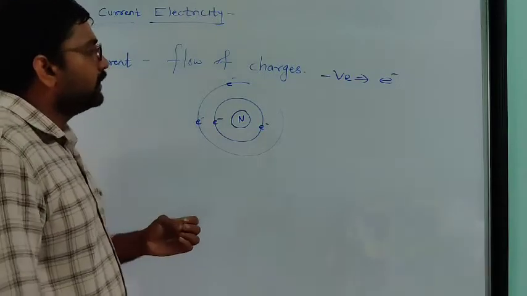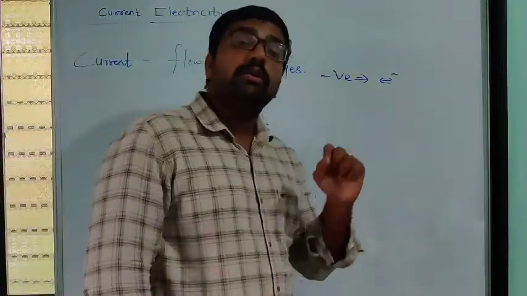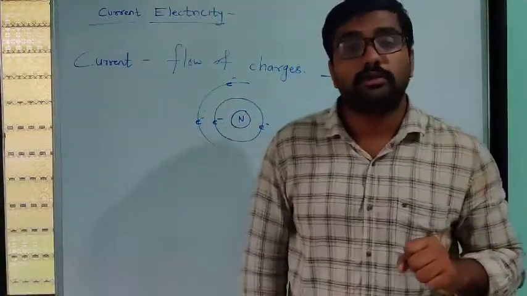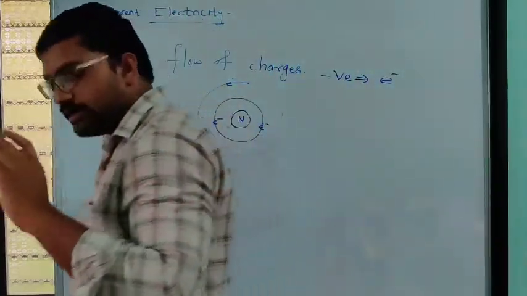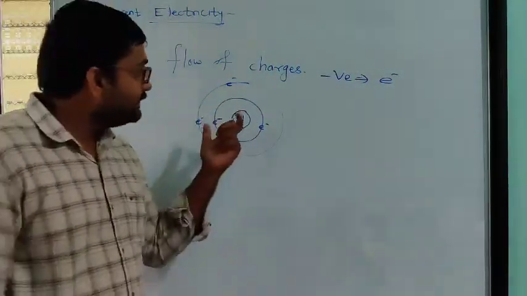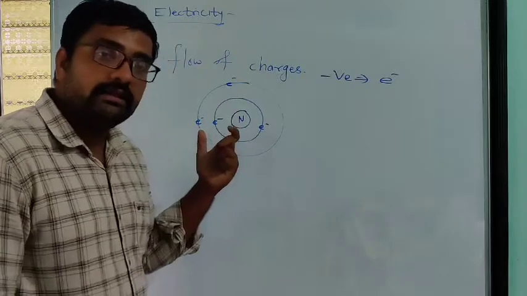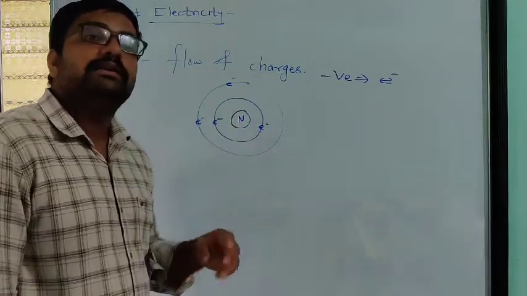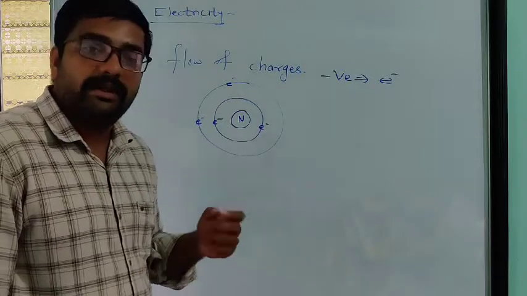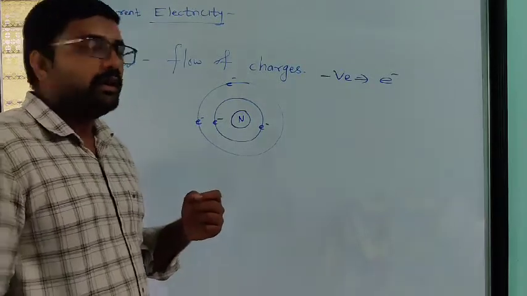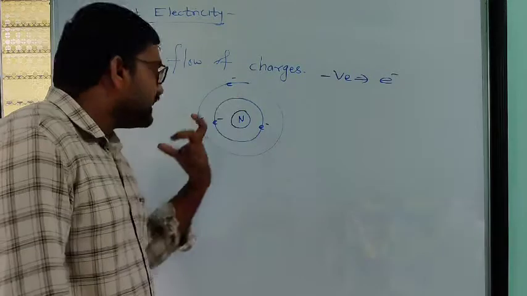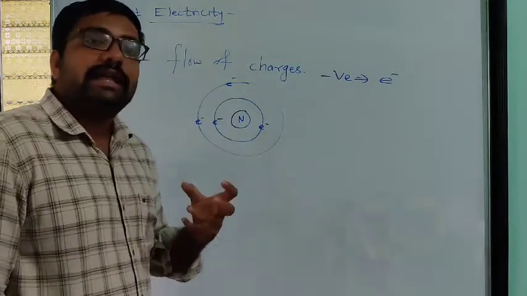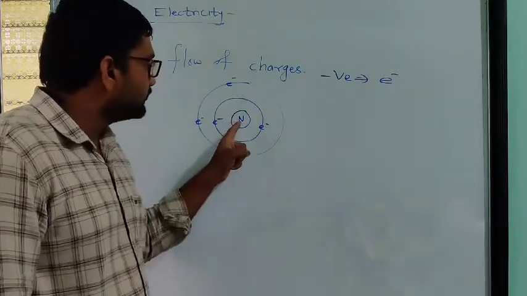Generally, metals are good conductors of electricity. Current can easily flow through metals because 1 or 2 electrons are present in the outermost shells of metals. These outermost electrons are not tightly bound to the nucleus.